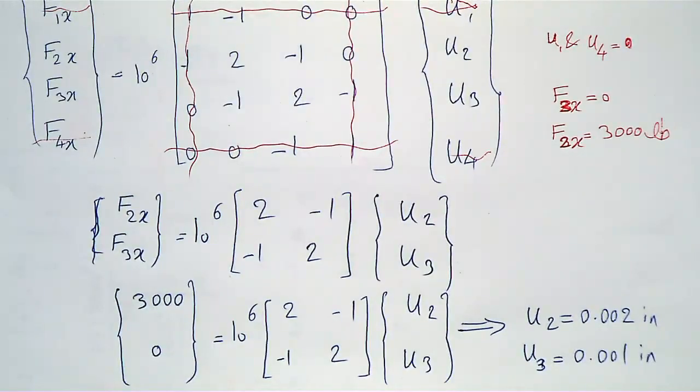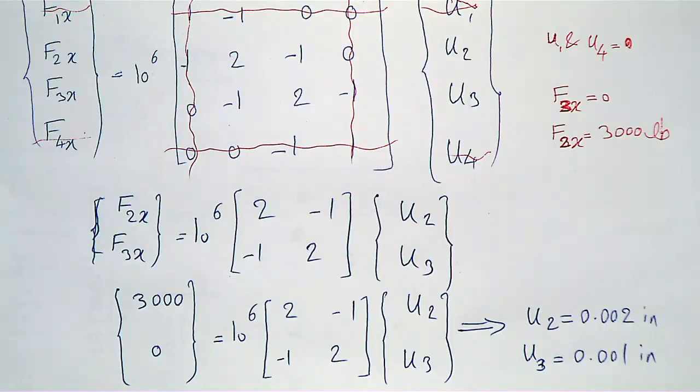So this was the first part of the question. What are the displacements at node number 2 and 3? The next question is, what are the reaction forces at node number 4 and 1? In other words, what are the capital F1x and F4x?